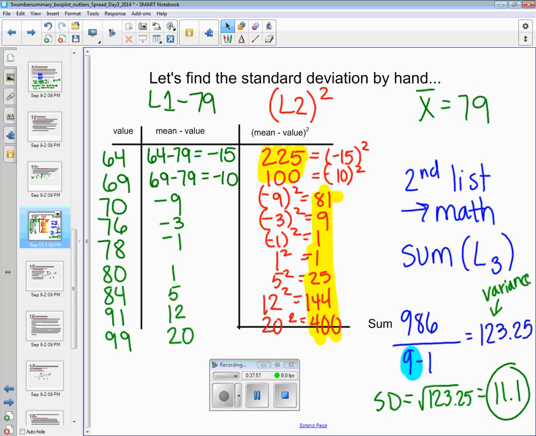Is there a way to check it on the calculator to make sure I got the right answer? Yeah. If I go to Stat Calc 1-Var Stats again, do that for me real quick. I'm going to show you where the 11.1 shows up. There are 2 values in here that are the standard deviation.